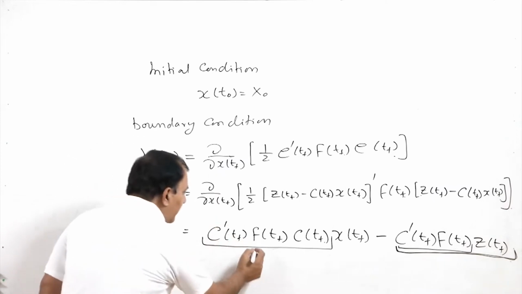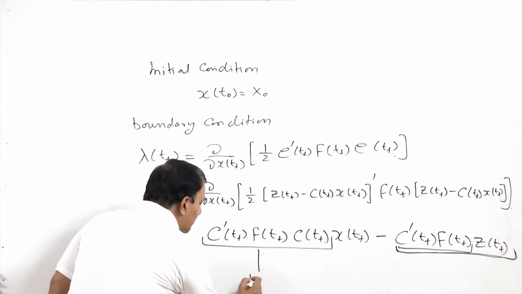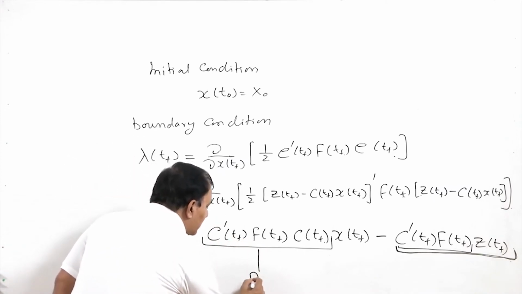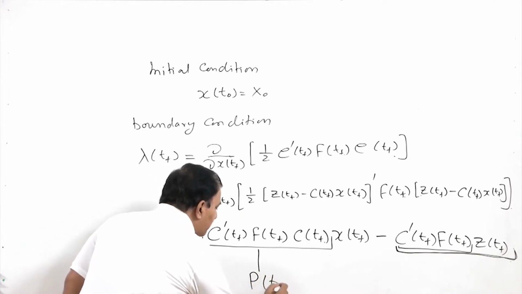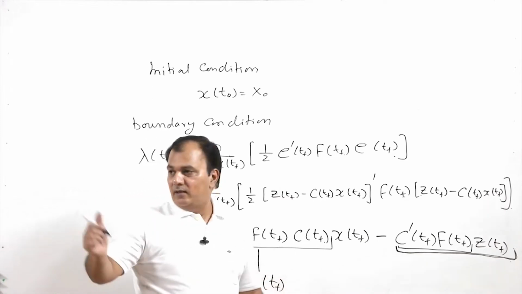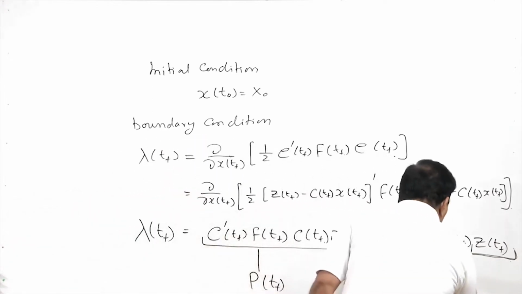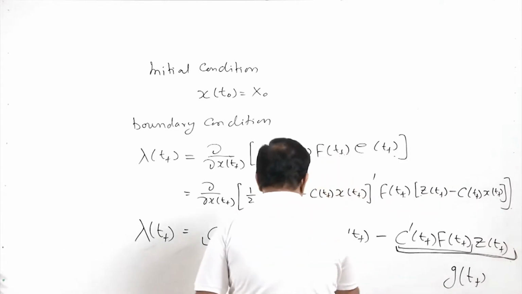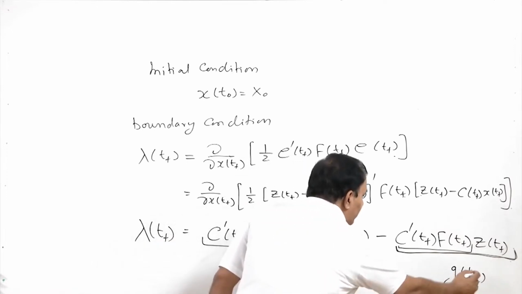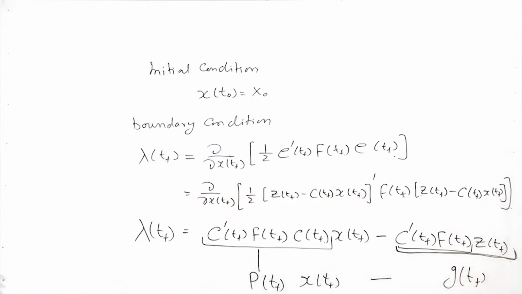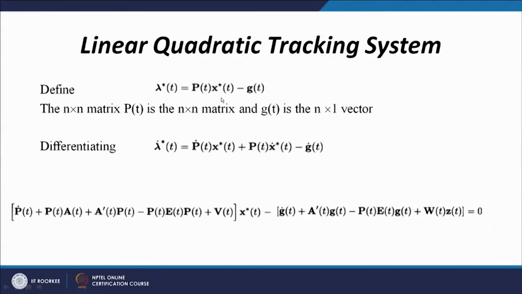So, we are considering this as my P T F, and the whole term as G of T F. So, P of T F x of T F minus this G. This we are considering as my transformation from lambda to x.